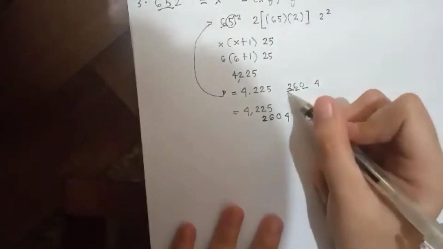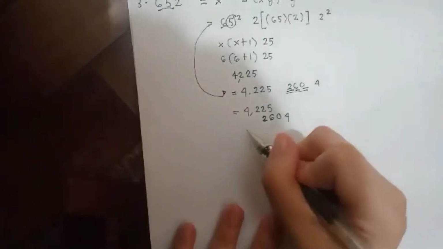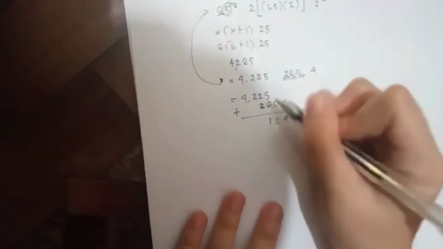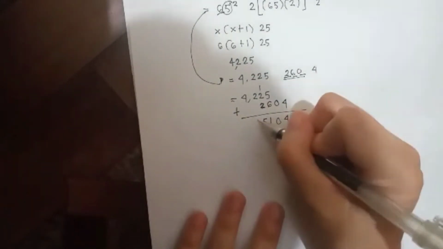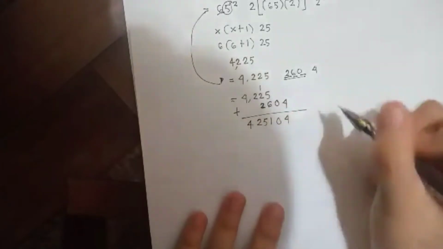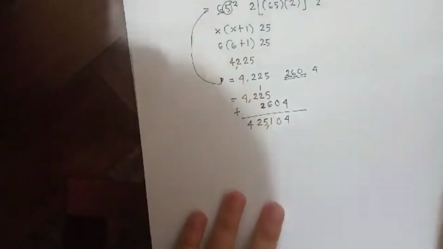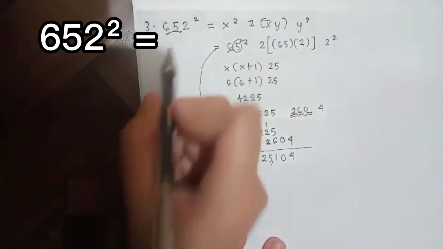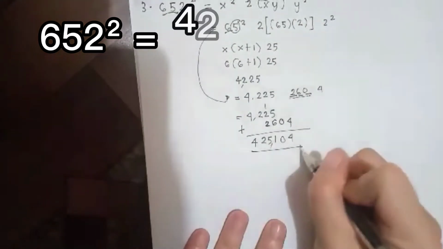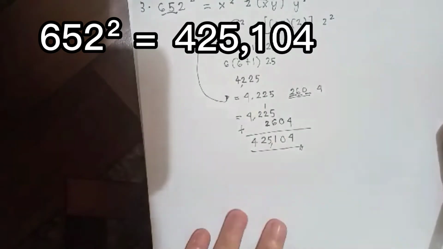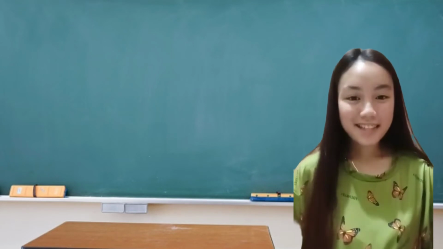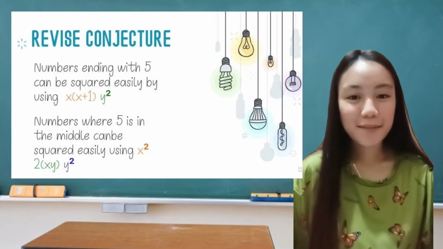So we're going to add 4, 0, 11, 5, 2, 4. So thus 652 squared right here is equal to 425,104.